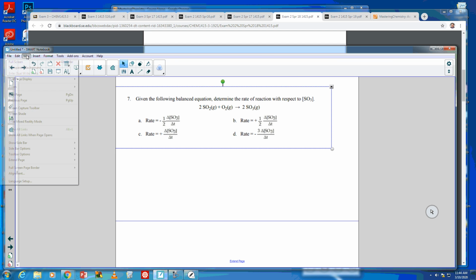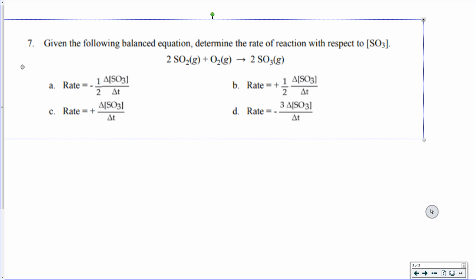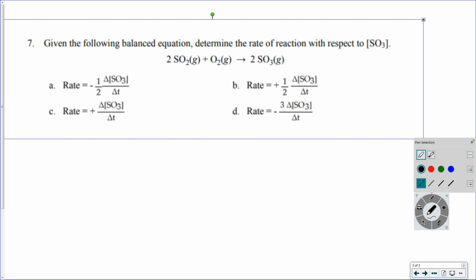All right, so we did some problems like this on the clickers and in class. So it says you've got a balanced reaction, determine the rate with respect to a particular component, and in this case, it's with respect to the SO3, which is a product.